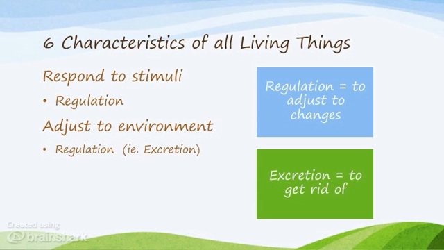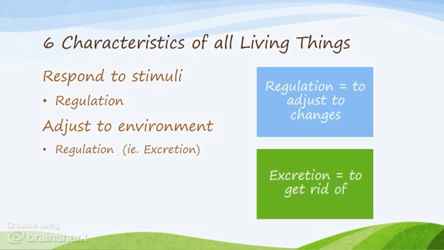Back up on your chart, the next characteristic of life is responding to stimuli. Living organisms have the capability to react to stimuli in their environment. This corresponds to the life process of regulation. So you will record respond to stimuli in your chart on the 6 characteristics of life.